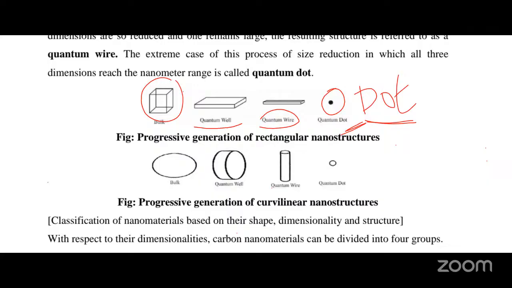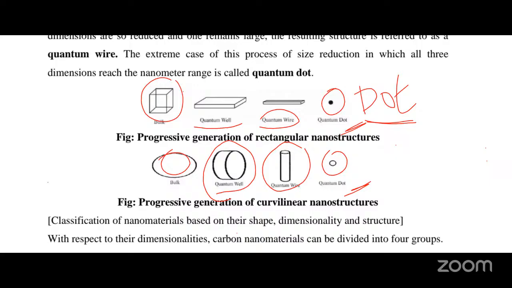If you consider the bulk in a circular path, this is the bulk. If one dimension is reduced, we get a cylindrical type, that is quantum well. If two dimensions are reduced, that is quantum wires. Only a simple dot we will get, that is quantum dot.